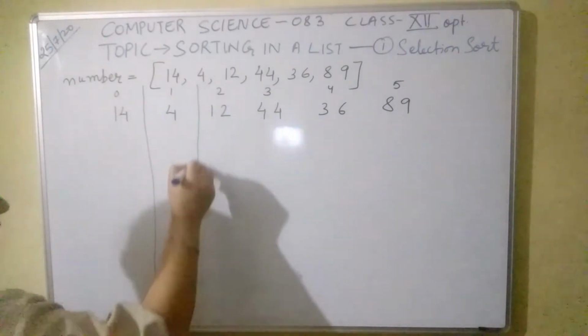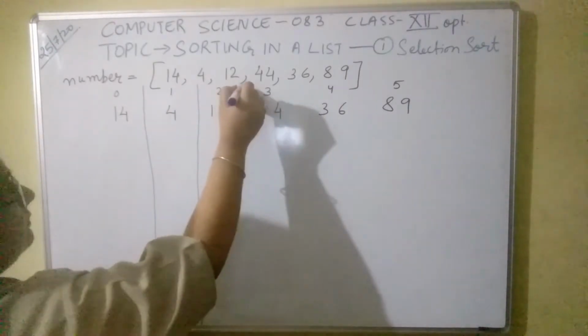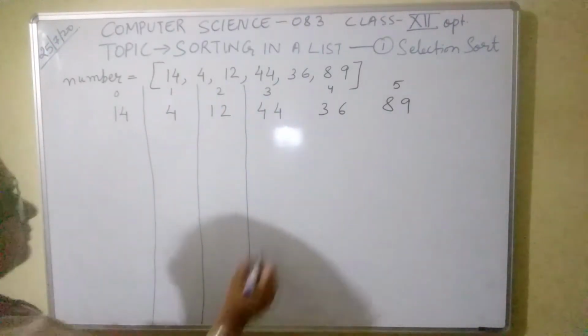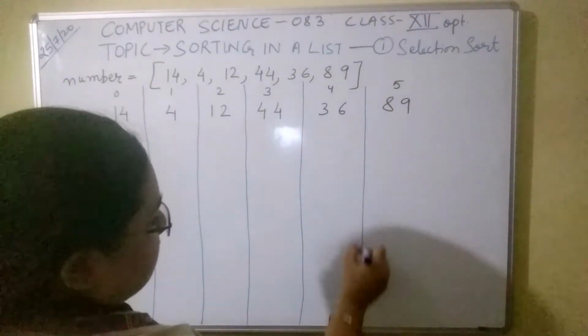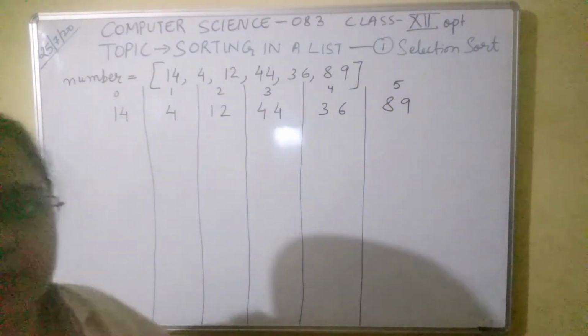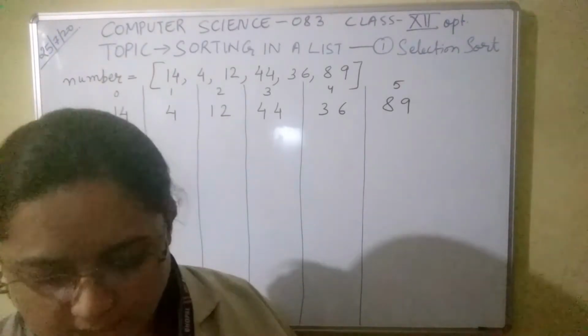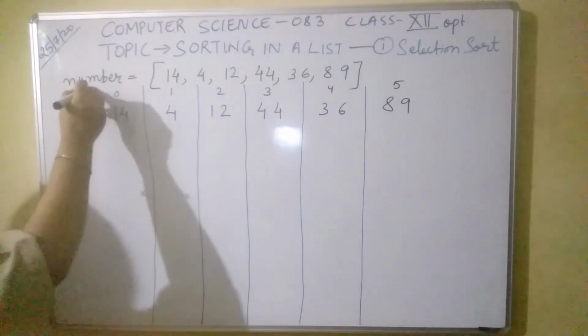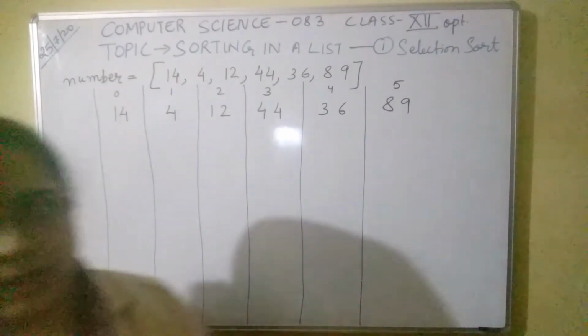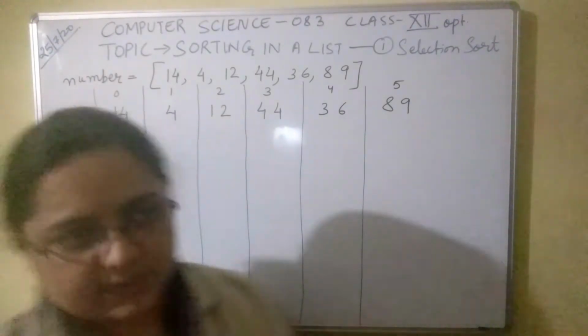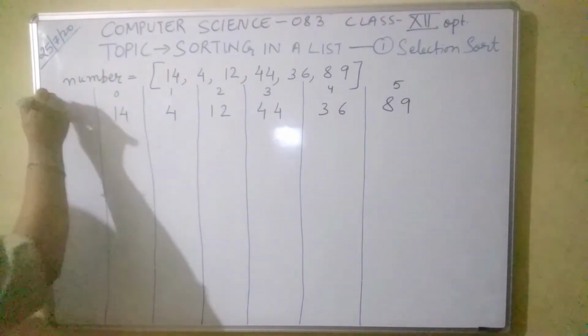I am going to bifurcate each of them. You can see that I have bifurcated each of them, and now over here I am going to specify the pass, that is the number of passes which I will be needing here.